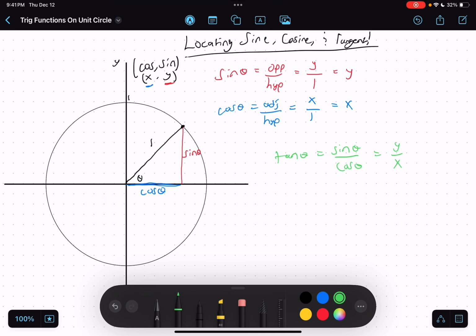So why don't we think about this for a second, right? If my sine value was growing arbitrarily larger than our x value, it would make sense for our tan to increase. But if our sine value was to arbitrarily decrease, and our cosine stayed the same, our tan is just going to shrink.